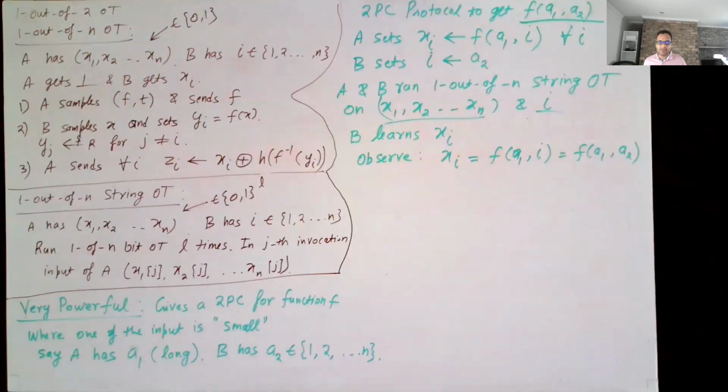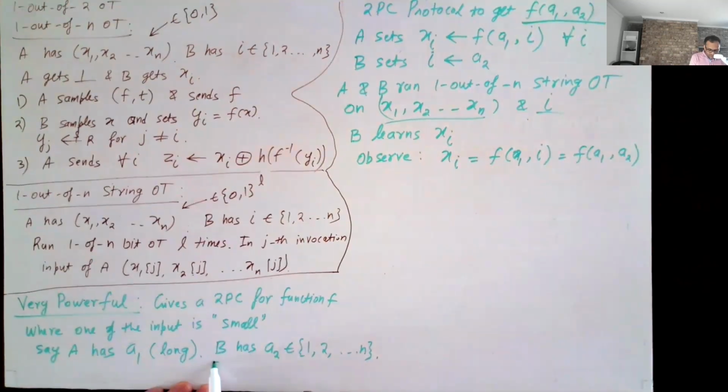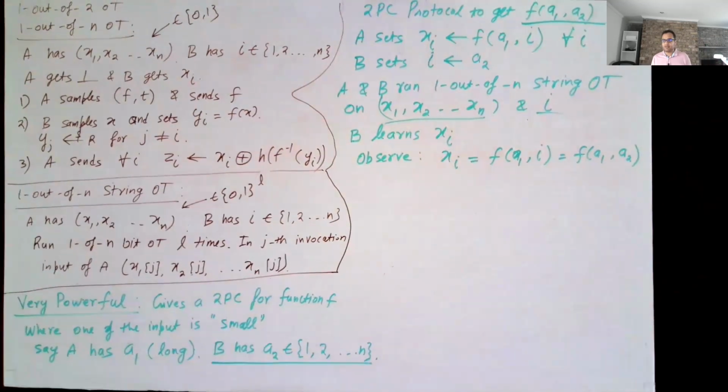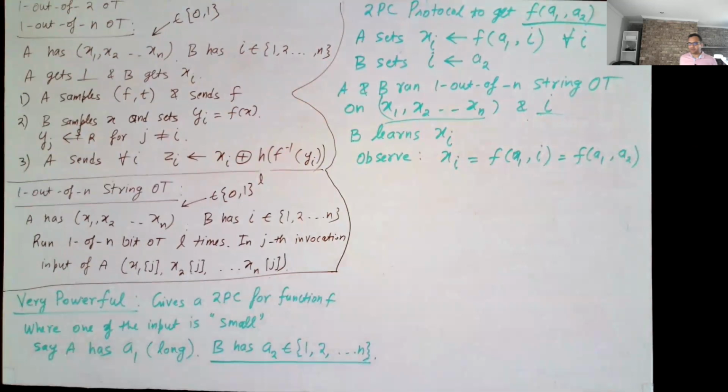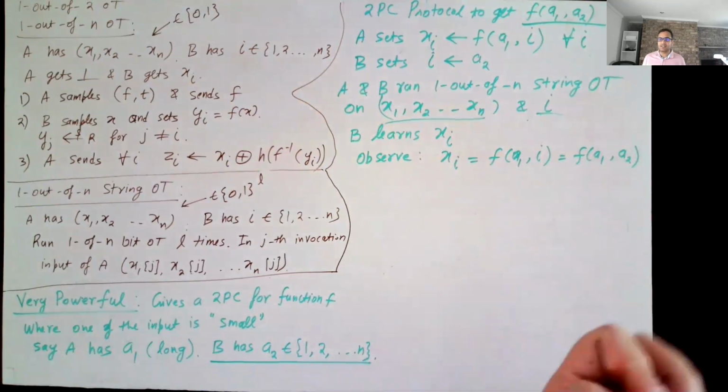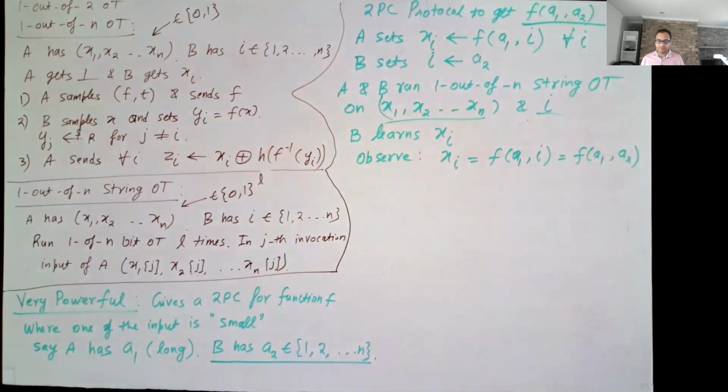So at a very high level, the intuition is that if one of the inputs is small, let's say only n possibilities, then once you fix A1, there are only n possibilities for the output. So A already knows that the output is going to be one of them.